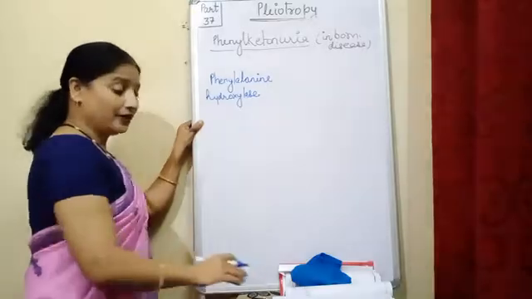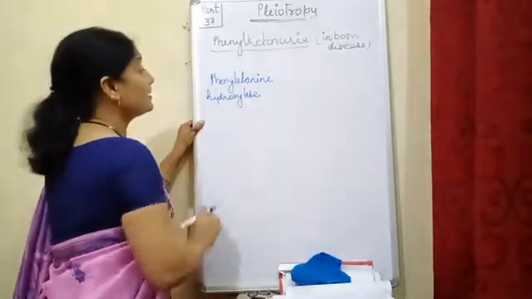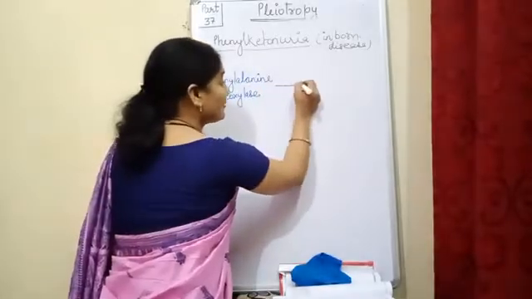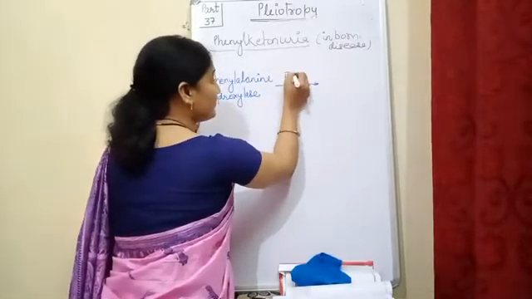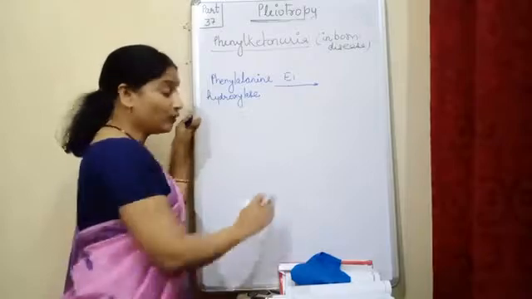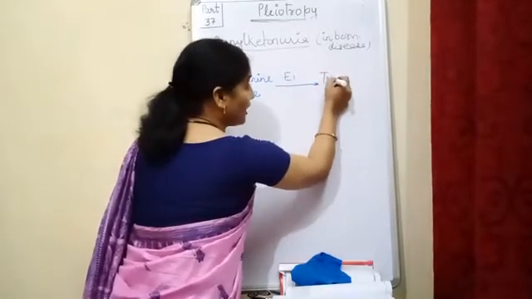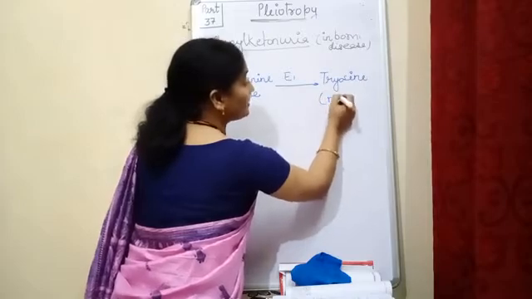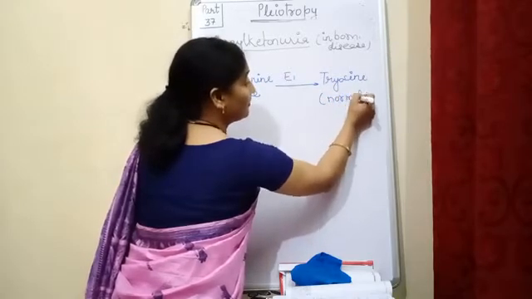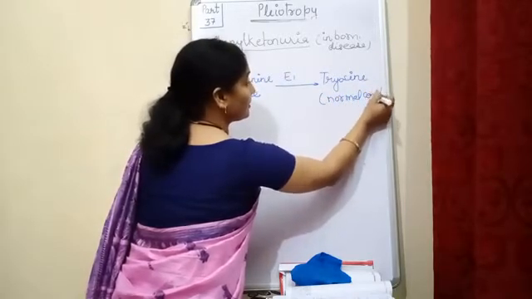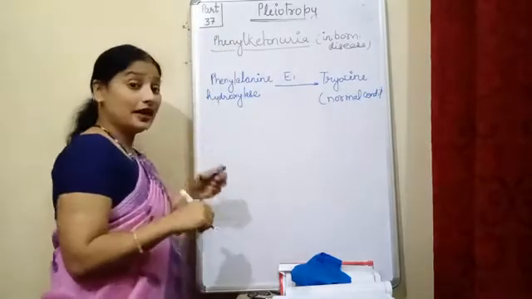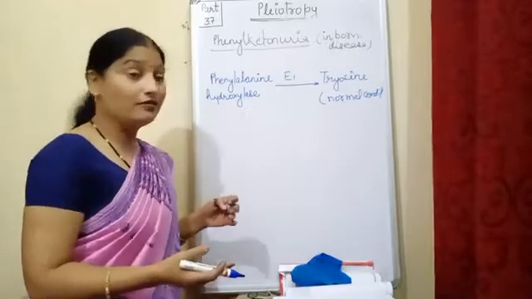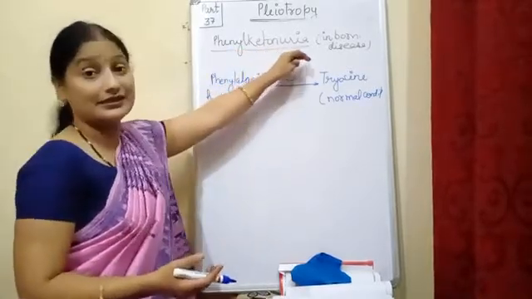This is an amino acid. Okay, this phenylalanine, with the help of an enzyme, gets converted into tyrosine. Okay, this is the normal person in the normal condition. Clear? Now, what happens if there is a change, or why am I telling you this as a disease?